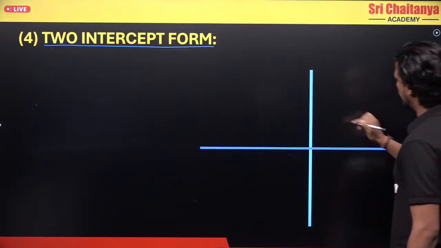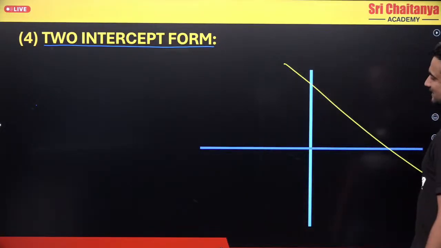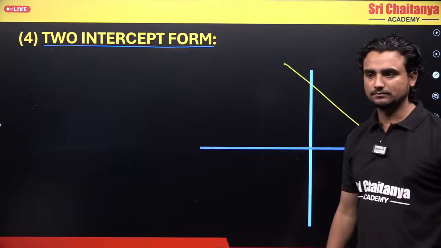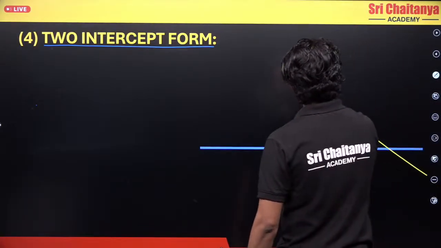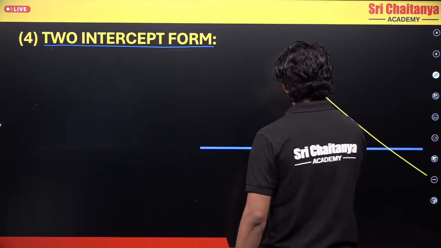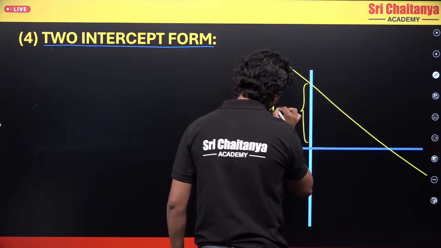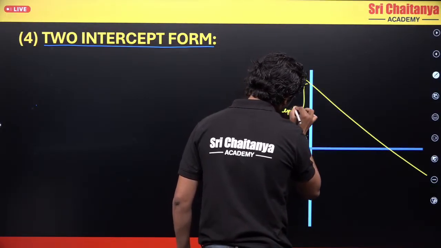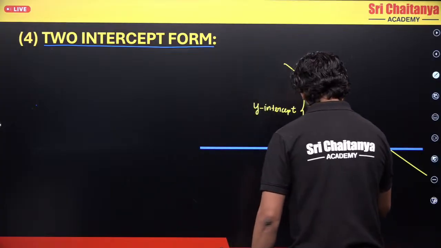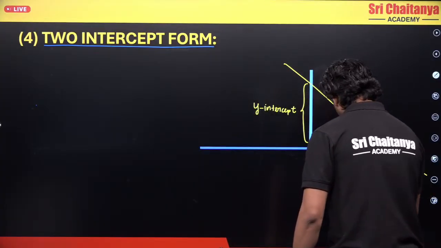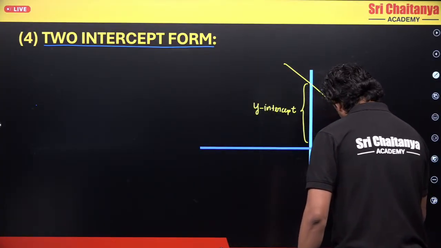So let's draw it. Let's say this is the straight line which I have. What is this? This is known as my y intercept. And what is this? This is known as the x intercept.